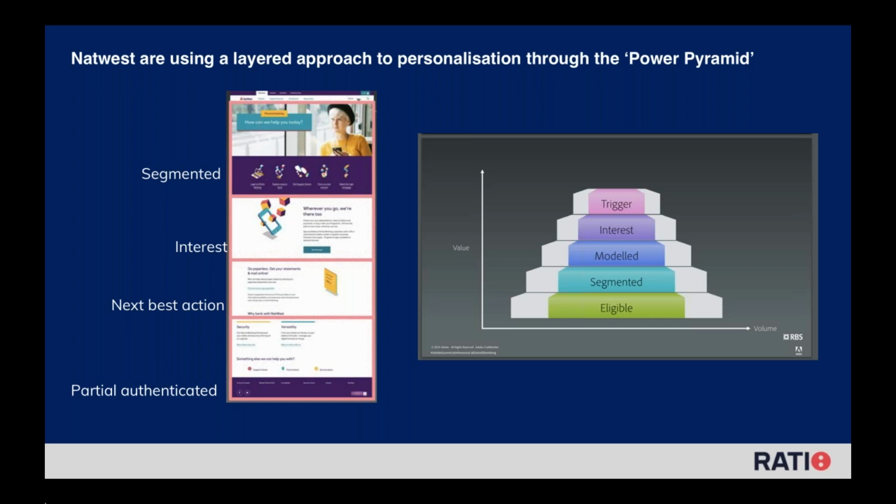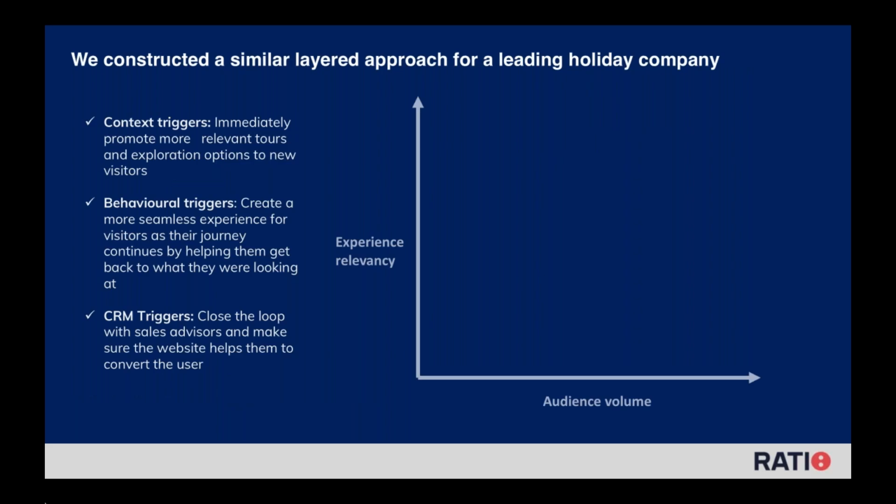From there, they're looking at modeled segments using statistics, and then interest-based segments, which are where visitors have actually already expressed an interest in a specific product, and they're using all of these different audience segments in order to construct actually a homepage that is unique for almost any visitor that looks at it. And it's a really powerful example of how personalization can work well.